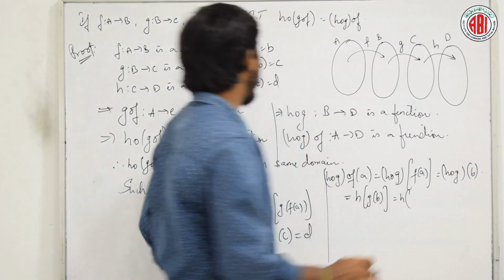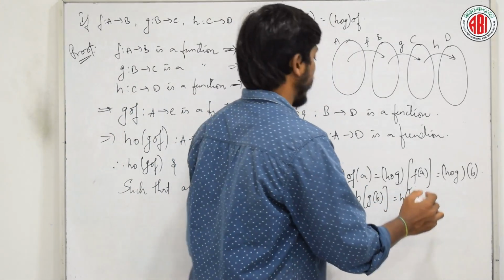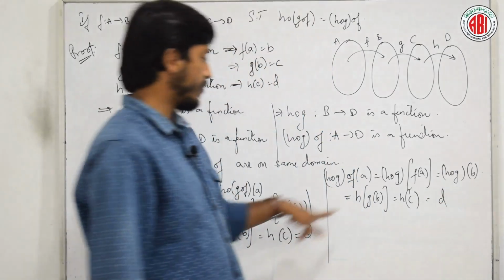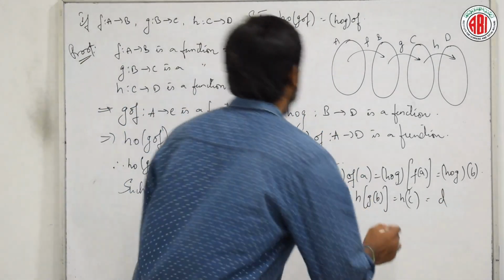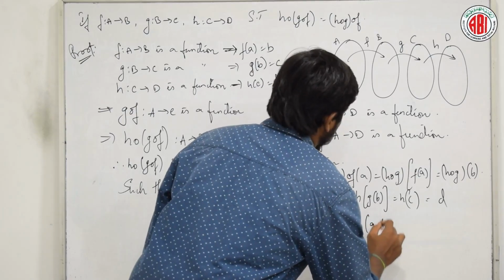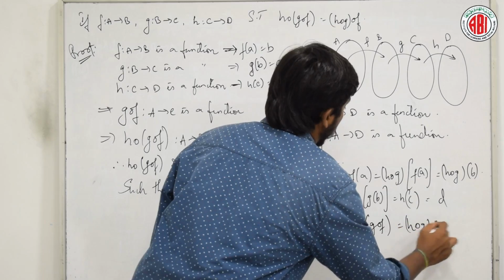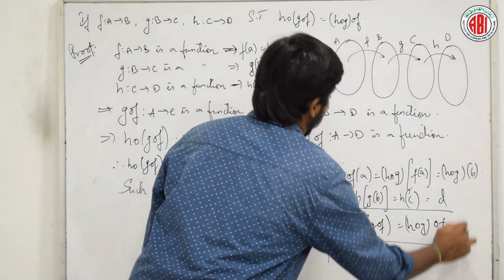What is g of b now, tell me? C. Now what is h of c? D. Therefore if we observe both, I can directly tell that h circle g circle f is equal to h circle g circle f.